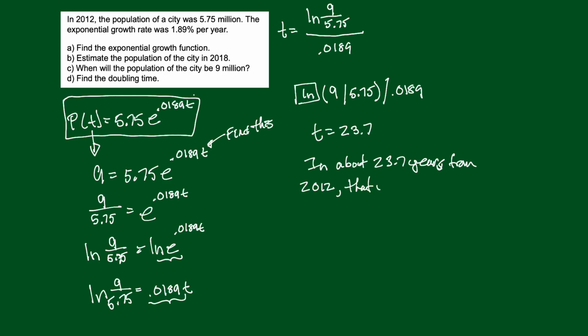So I'll say that in about 2035, the population will be 9 million. All right, so we start in 2012. 23.7 years from then, the population will be up to 9 million. Now, 23.7 years from 2012 is sometime in 2035.